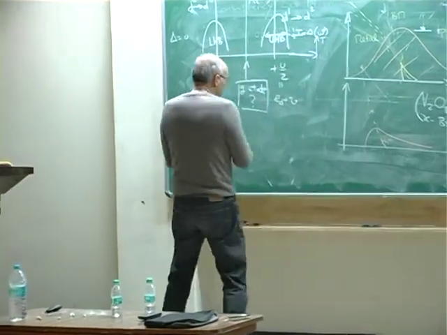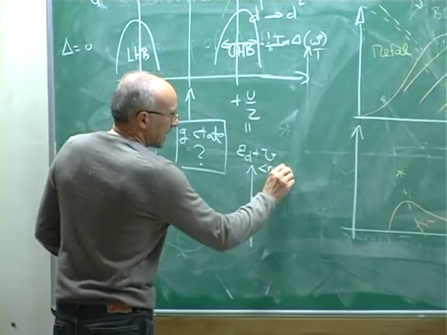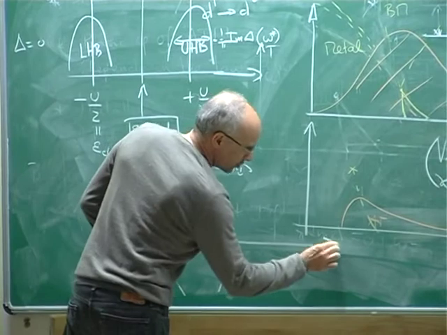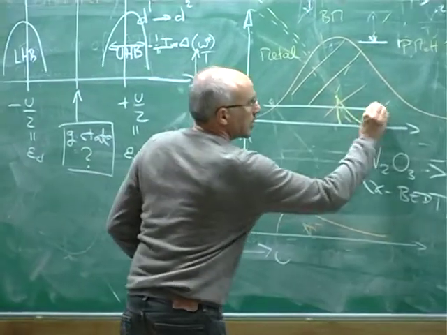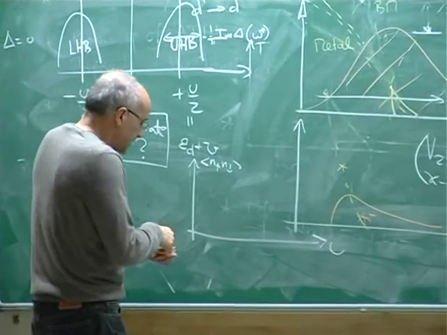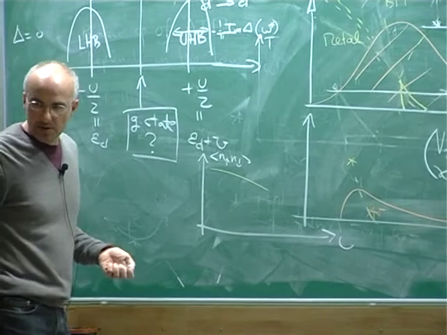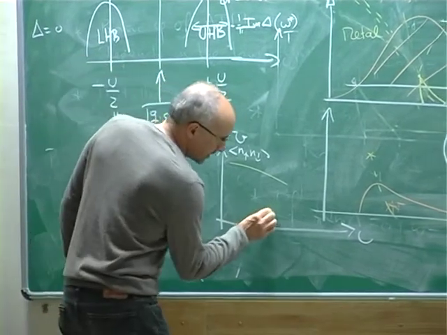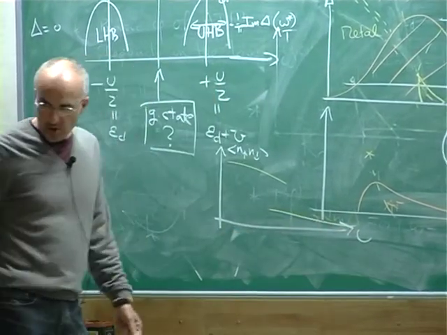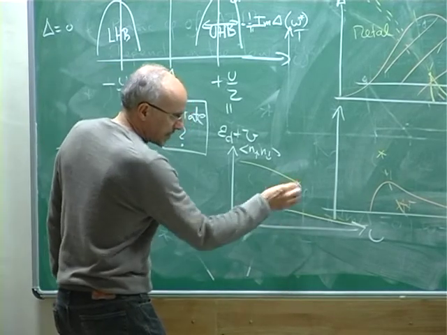So if you plot, for example, double occupancy as a function of U through this region here, what you will see is a solution which is the metallic branch, which has high double occupancy, and a solution of the insulating branch, which has very small double occupancy, right? And so this is UC1, this is UC2.